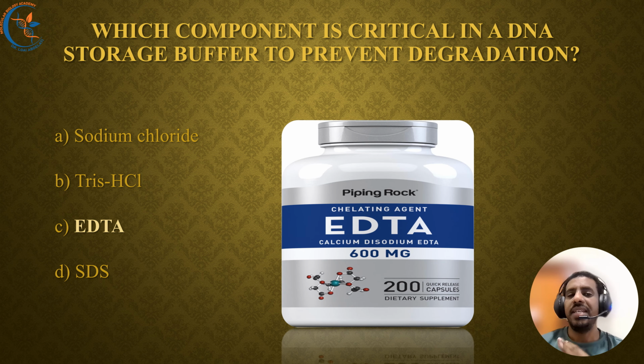EDTA is a chelating agent that binds to magnesium ions, which are essential for the activity of DNases. We know DNases are enzymes that break down DNA. Okay? So by removing magnesium, EDTA prevents these enzymes from functioning, thereby protecting DNA from degradation. All right? Let's move on.